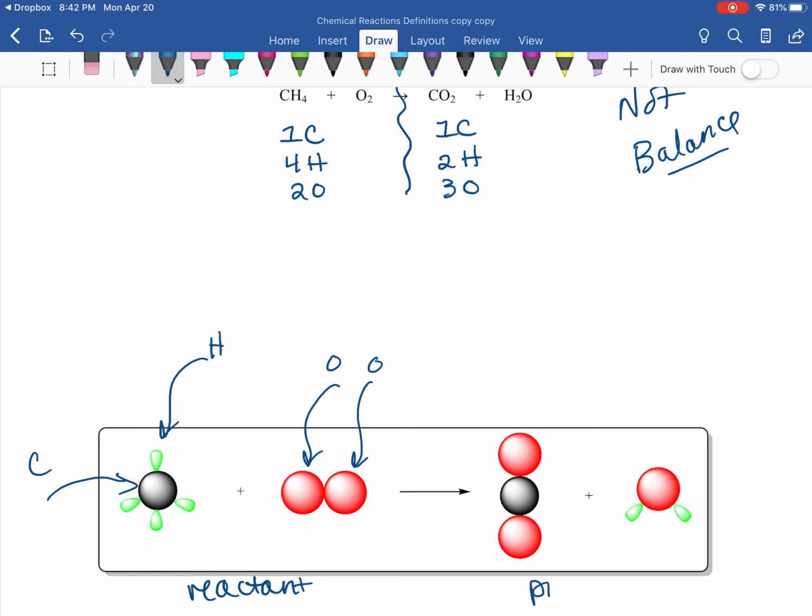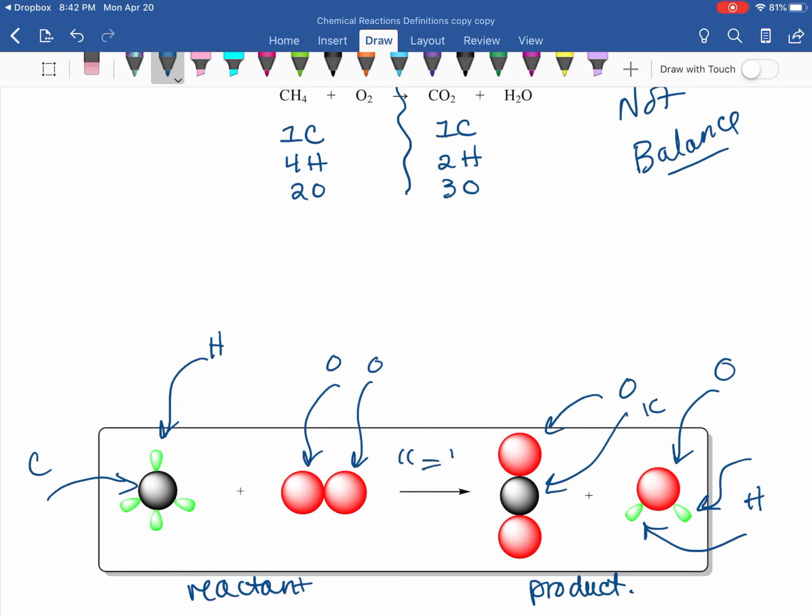Okay, so literally, whatever stuff you have on this reactant side, you have to have on your product side. And when you just look at it visually like this, well, we're missing some of these greens, right? We're missing some of these hydrogens, and all of a sudden we've invented a 3rd red oxygen. That can't happen. And then we've got our 1 carbon. So as a visual, this is not balanced. So we can't say that this is equal yet.